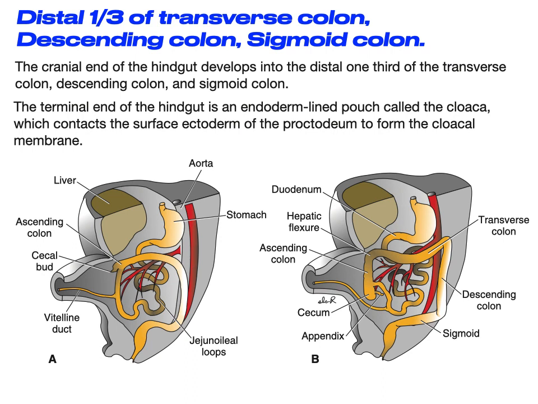The lower portion of the anal canal derives from the primitive anus, also known as proctodeum, which is a pit of ectoderm that forms just below the cloacal membrane.